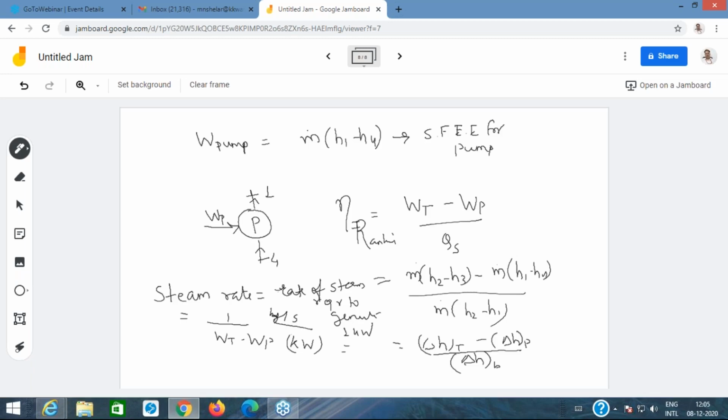Should the steam rate be higher or lower? What is desirable? The efficiency should be higher, no doubt about it.